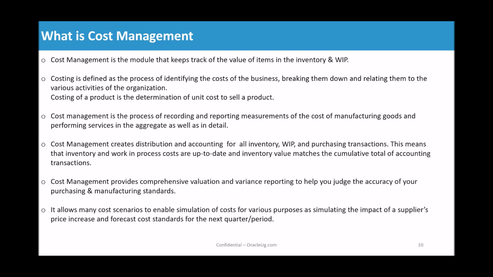It's not just about selling a product, it's also about how much cost you spend on procuring a product, the total landed cost that you spend on receiving a product, then how much cost you spend in making or building a finished good, and how much cost you spend in shipping that product to the end customer. So it's the combination of various cost elements, various expenditures that you spend to have an active business.